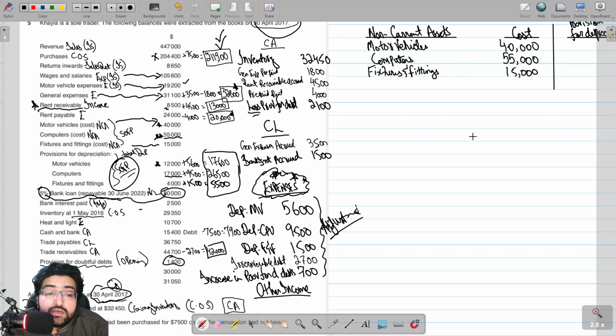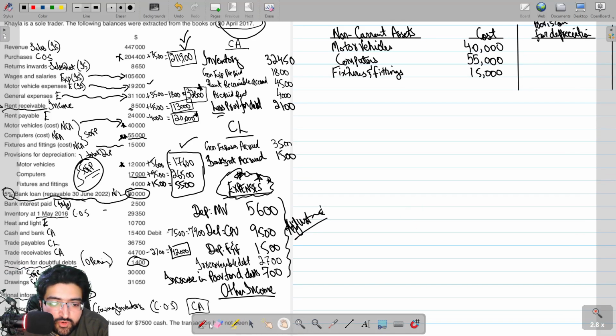Okay, now let's record their depreciation till now. So we need the new values. That's why we added the current year's depreciation to this old value, so that we have the new final values of total depreciation till now. So we have 17,600 for motor vehicles. I will write it here in the provision for depreciation column. 17,600.